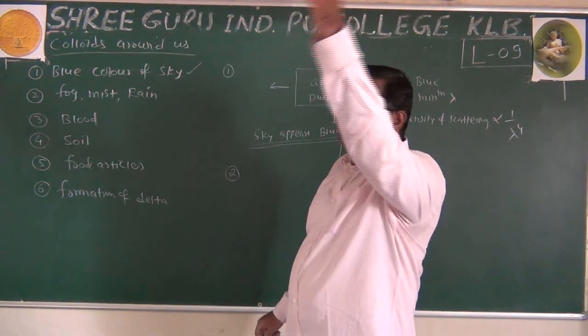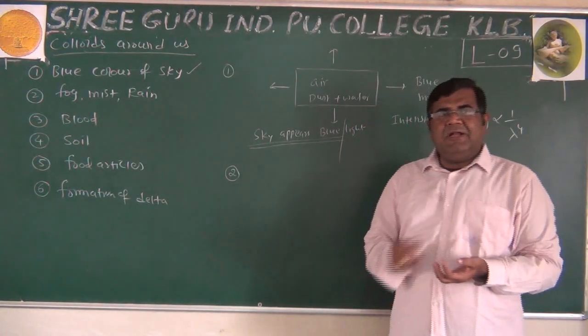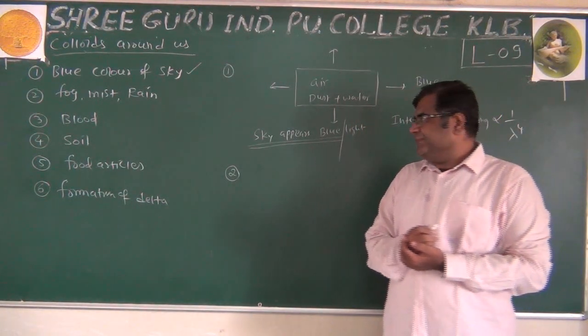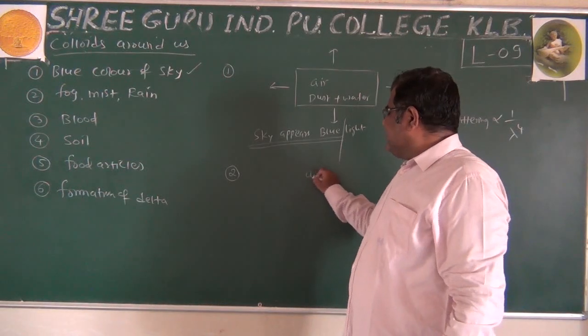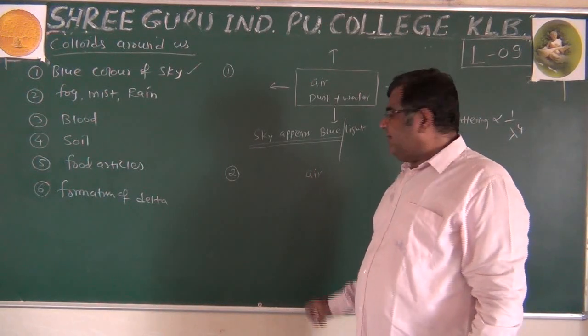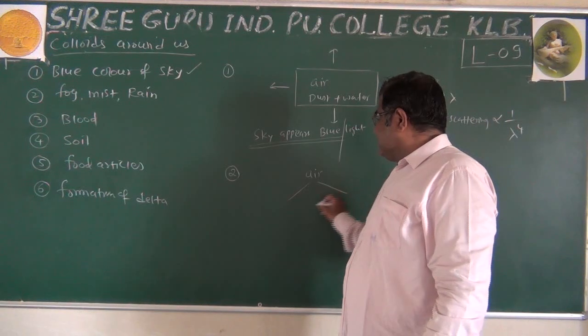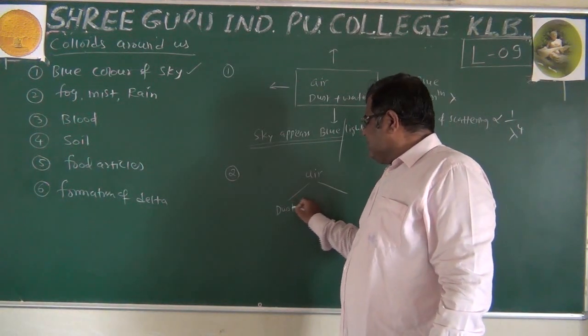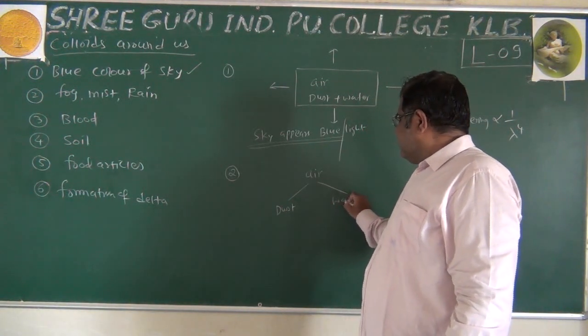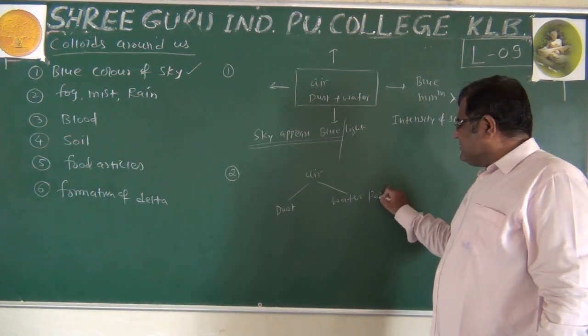Another example is the formation of fog, mist and rain. If we consider this air, again it has dust particles and it has water particles.